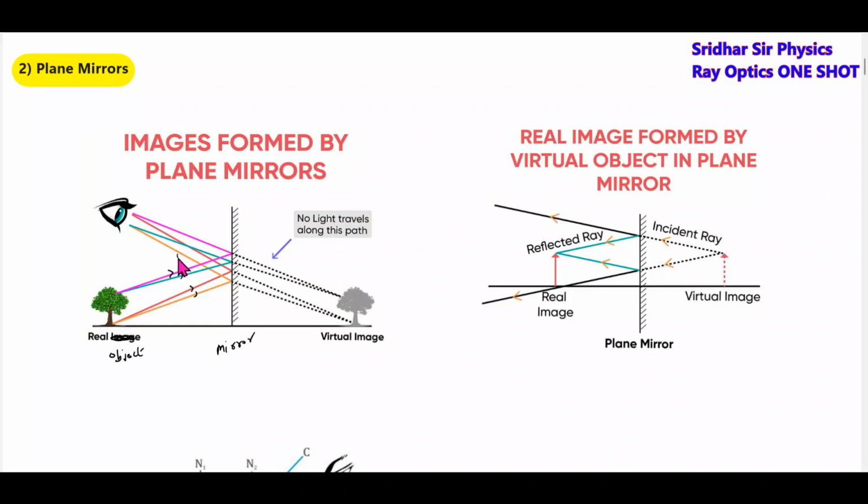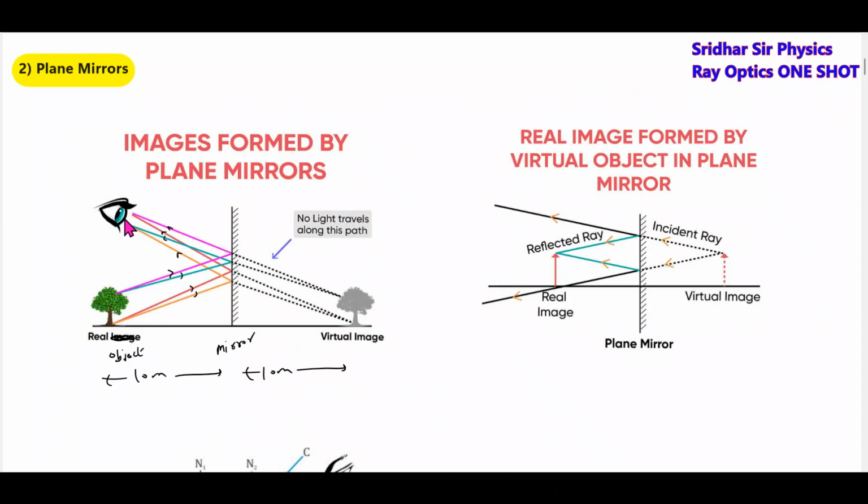They'll get reflected, and the reflected rays will enter into the eye, and the eye will see as if these rays are coming from here. This will become the virtual image. So you ask this eye where the image of this tree is. It is at this particular distance. Suppose that it is 10 meters. It will be visible at a distance of 10 meters.